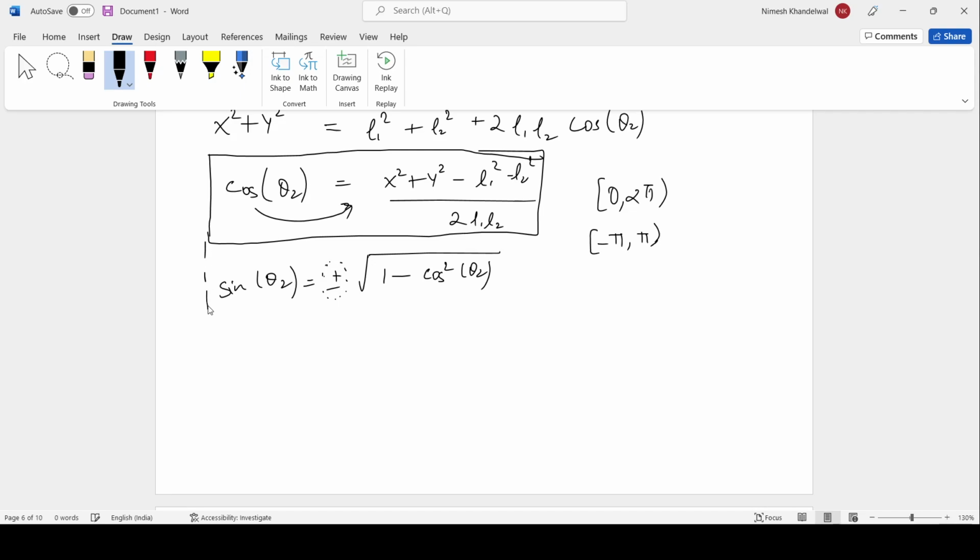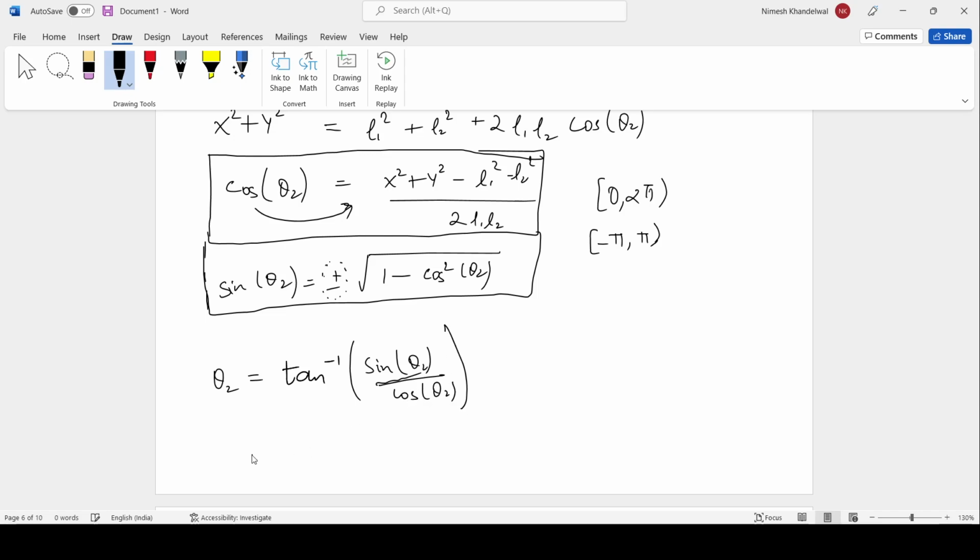But once we choose a specific sign for sine theta 2, either plus or minus one, then we can calculate theta 2 as tan inverse of sine theta 2 divided by cos theta 2. Programmatically, we want to use the function atan2.